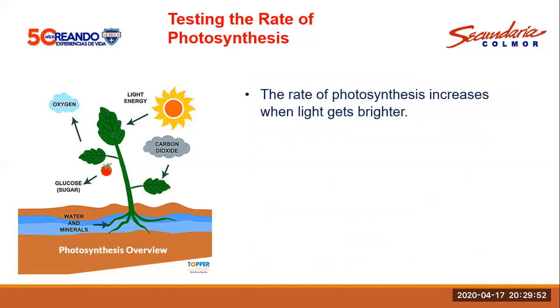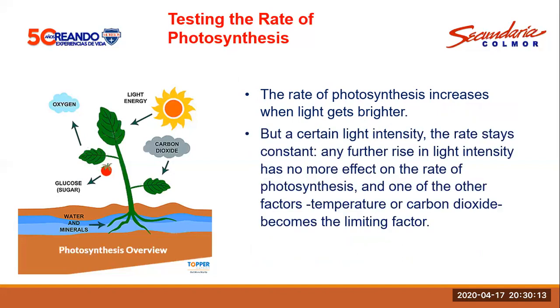So the rate of photosynthesis increases or goes up when light gets brighter, right? So you increase the light, and the result is that the photosynthesis goes faster. Now, there is a limit, because at a certain light intensity, the rate stays the same or constant. It doesn't change.